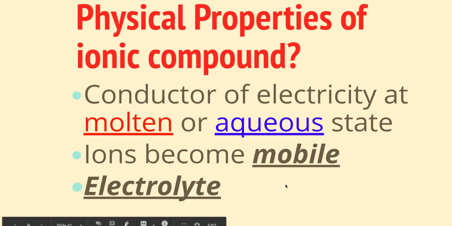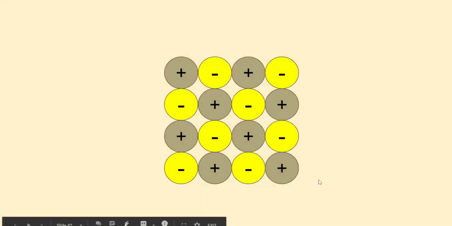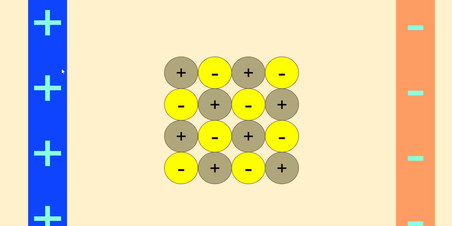So let's look at the following simulation and hope that you can understand more. So this is an ionic compound. They pack quite closely with each other. Now I try to give two terminals, one positive and one negative on the two sides. According to the electrostatic force, the positive terminal can attract the negative ions, and the negative terminal can attract the positive ions.